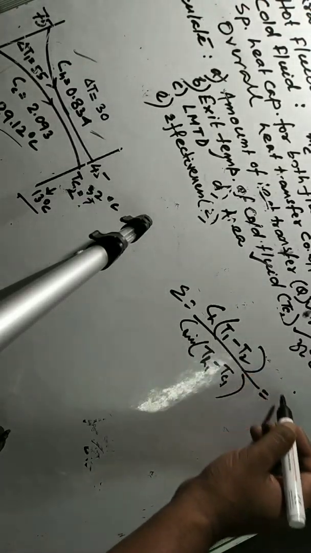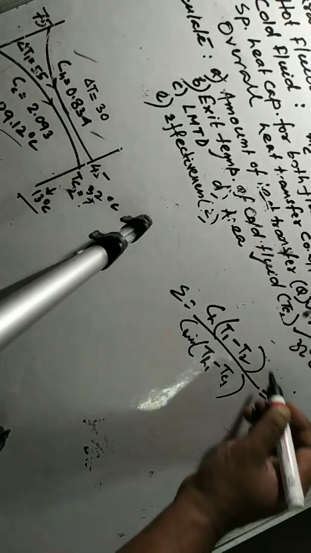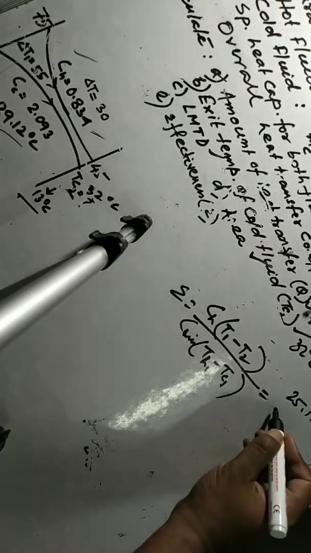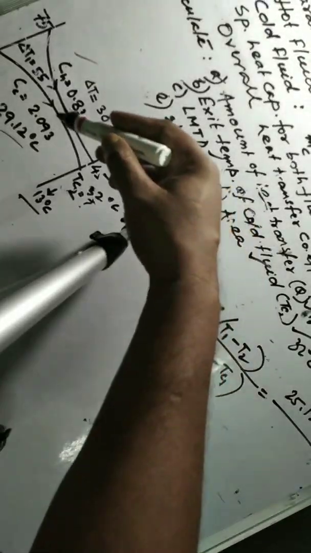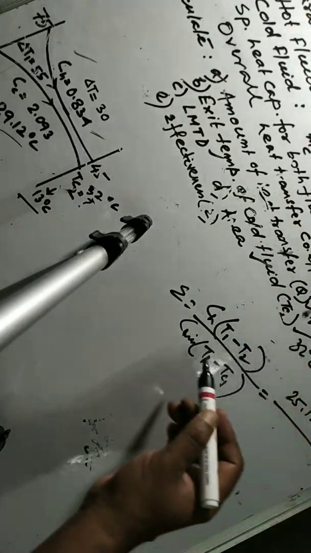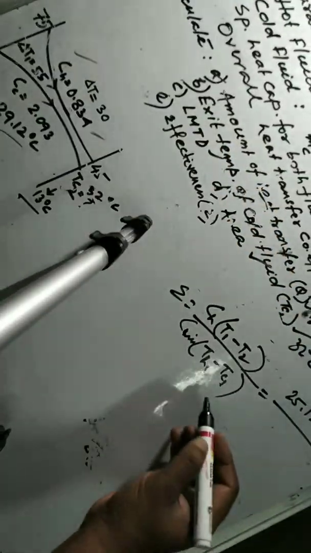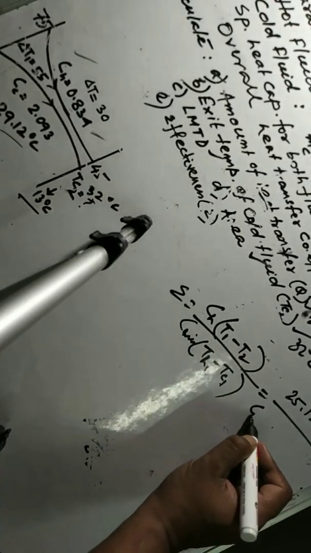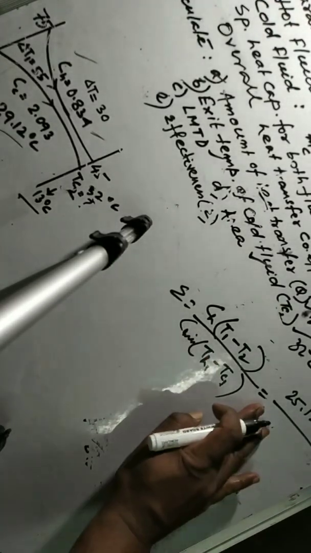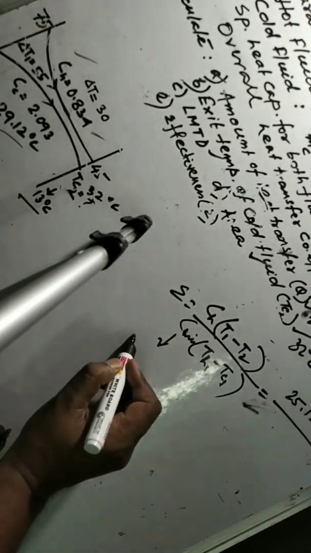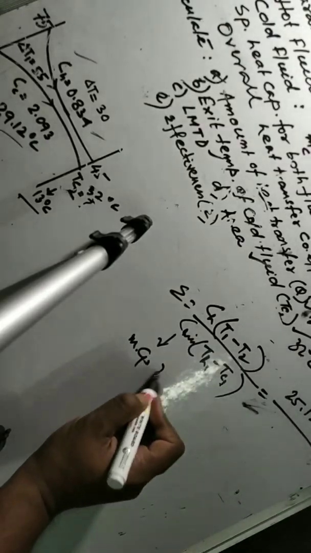So if you put the value, or otherwise already you have calculated this value, this is 25.122. And C means heat capacity.